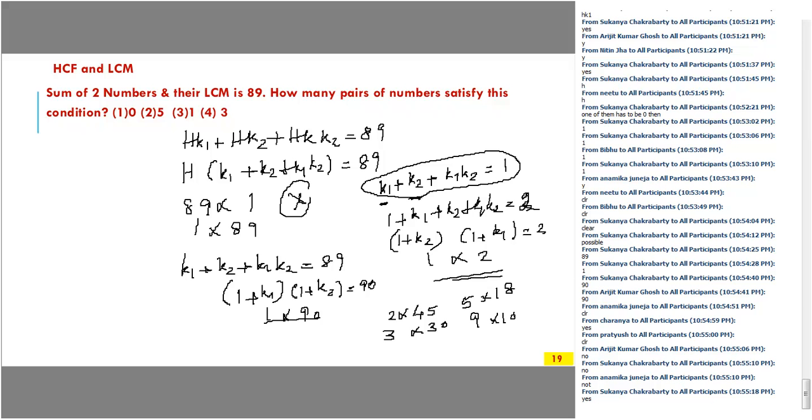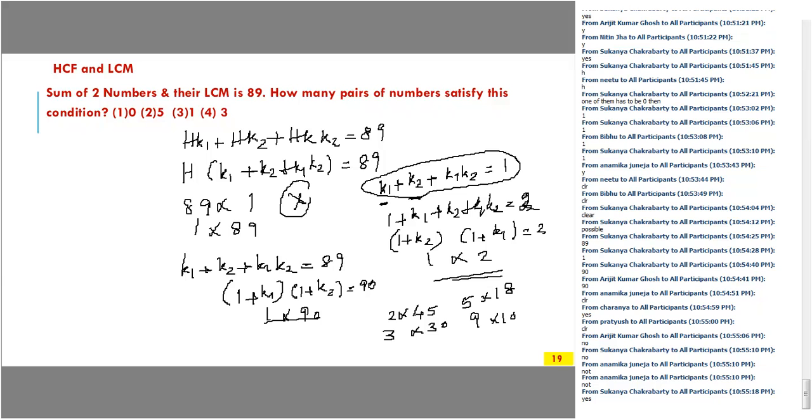How many factors does 90 have? Tell me, how many factors does 90 have?